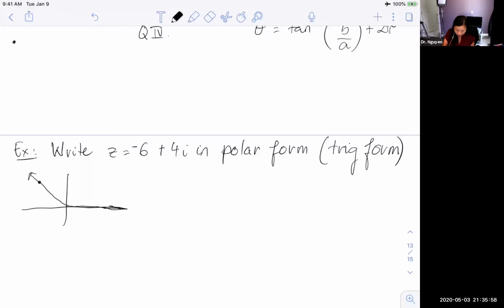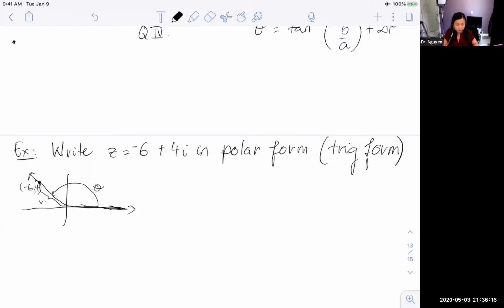So that's the point (-6, 4). So we're looking for that angle, and of course, we're looking for r. This is r.